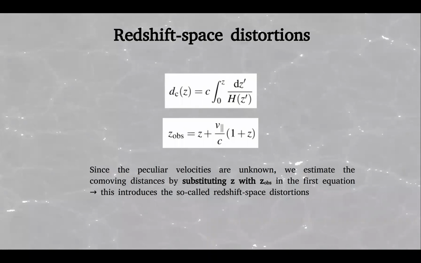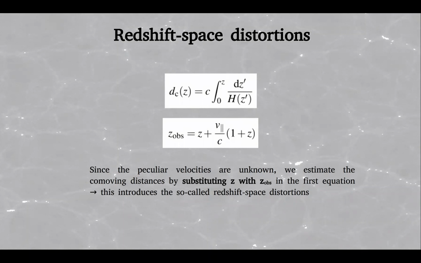It is true for a homogeneous, large-scale universe. However, what we measure is not this redshift, but something that contains other terms, related to the peculiar velocities of objects along the line of sight, plus other relativistic corrections that can be neglected at first order, plus redshift uncertainties.